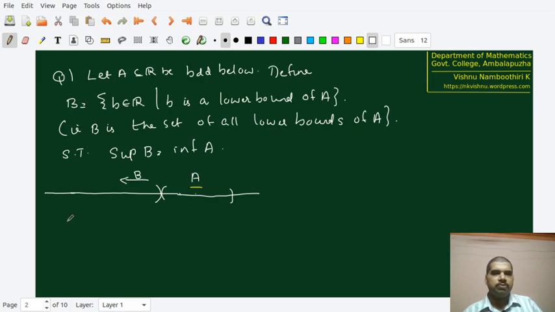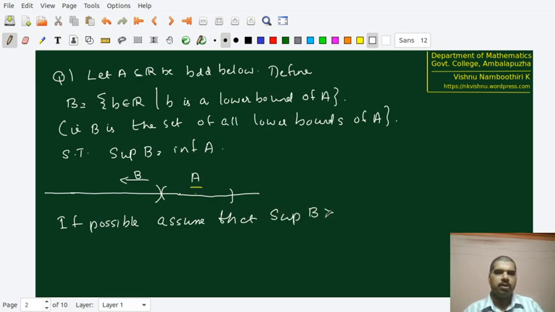So we will assume first, if possible, that supremum of B is greater than infimum of A. For convenience, we may take this to be equal to S and this as L. Therefore, we are assuming that S is greater than L.